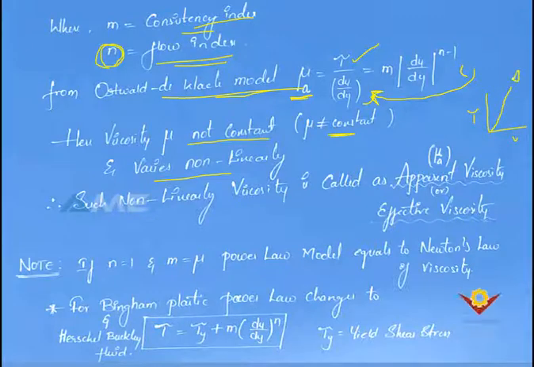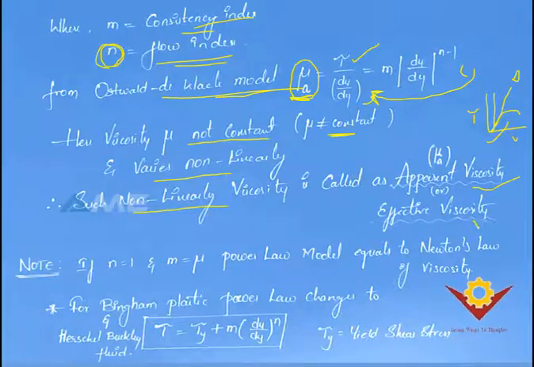You're going to get some non-linear or other curves. How you're going to get that for different fluids we'll see later. Therefore, when the viscosity is varying non-linearly, that viscosity we call apparent viscosity or effective viscosity.